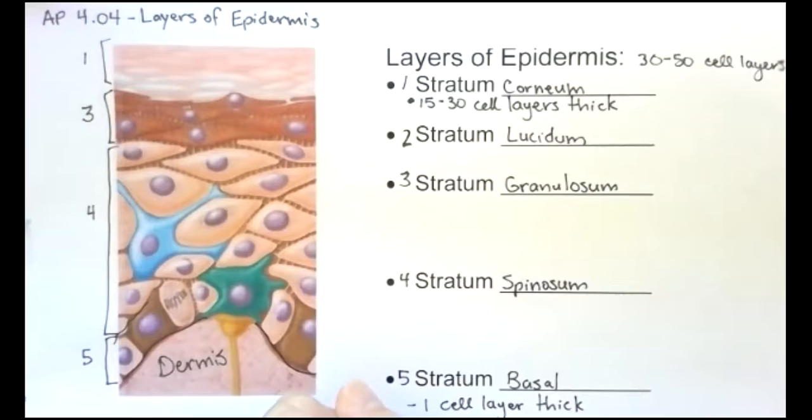We generate new cells at this layer. And I'm going to put a little letter A. What you see there is a specialty cell in that bottom layer that's undergoing mitosis.